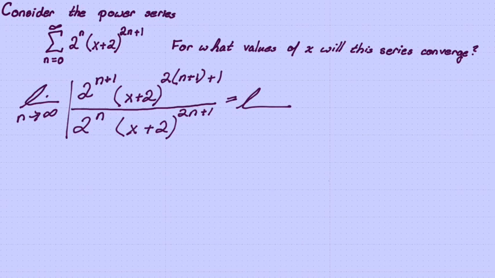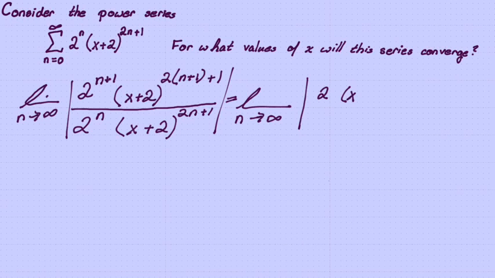Oh, and it's an absolute value, sorry. Absolute values abound. So I get a 2 here, and then the numerator is x plus 2 to the 2n plus 3 over x plus 2 to the 2n plus 1.